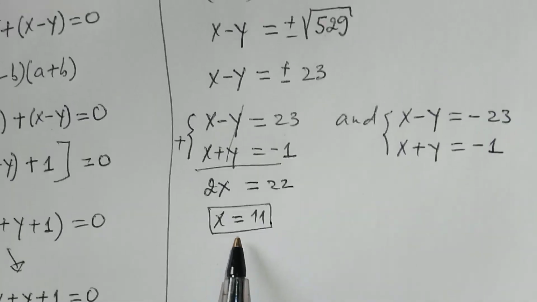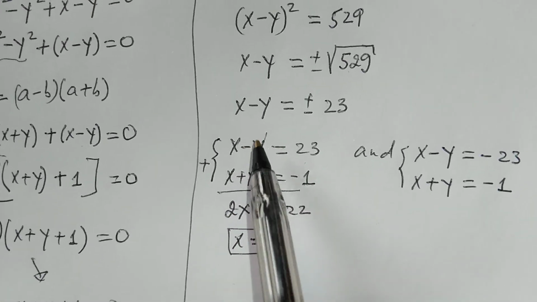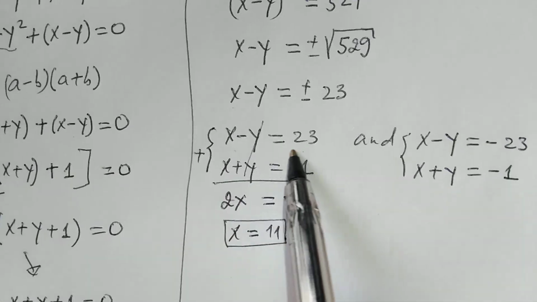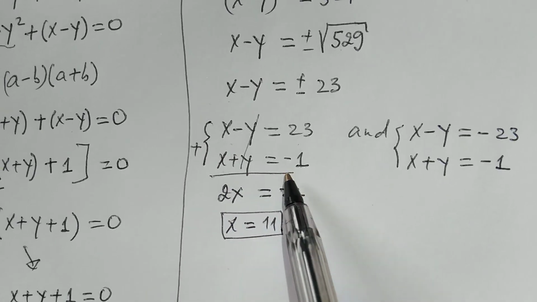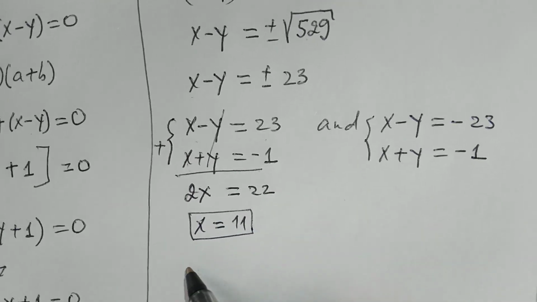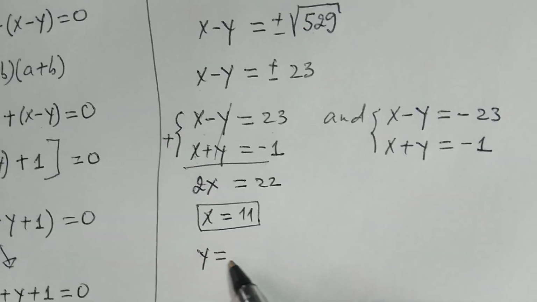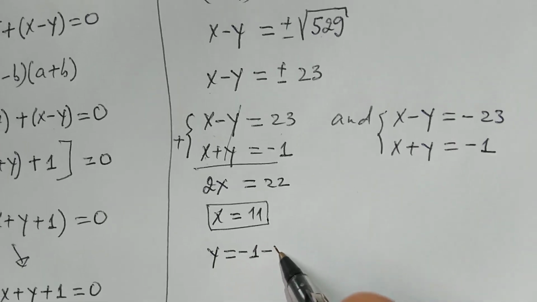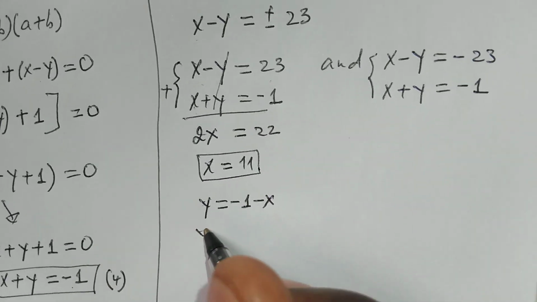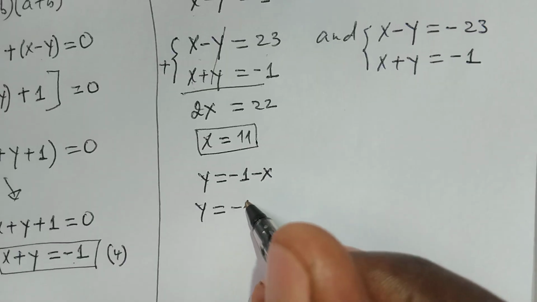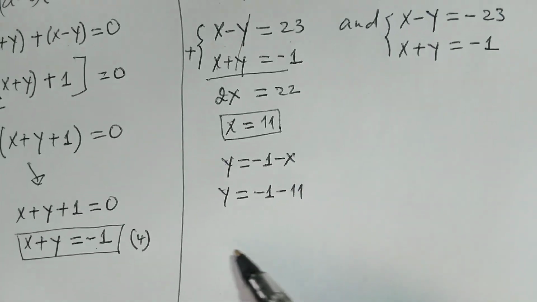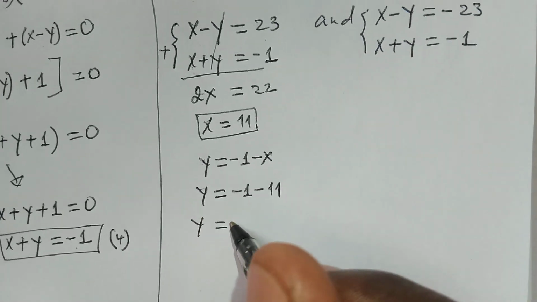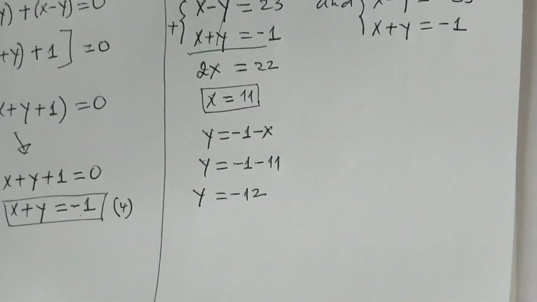Having the value of x, you can find the value of y from the second equation. So y is equal to negative 1 minus x. y is equal to negative 1 minus 11. y is equal to negative 12.